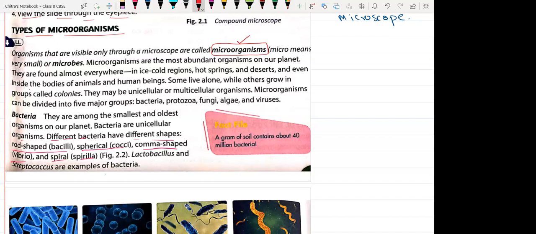Easy or very easy, beta? It's very easy. So keep replying in between. Micro means very small, very tiny.